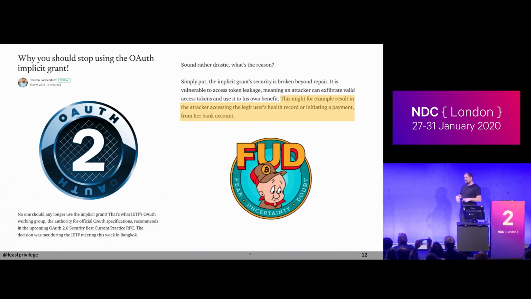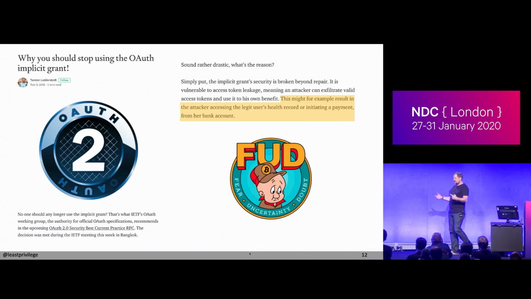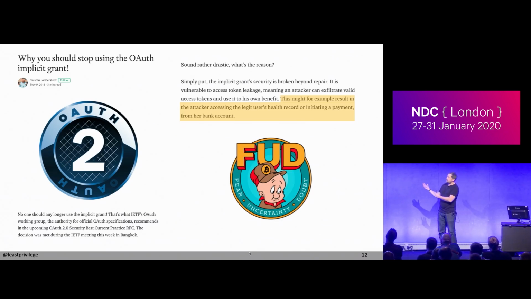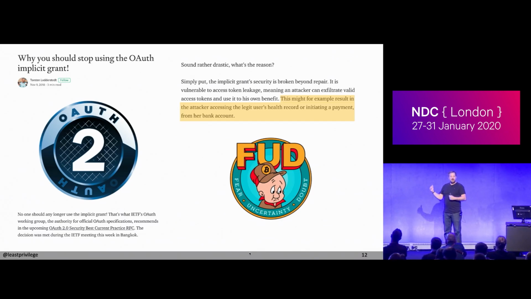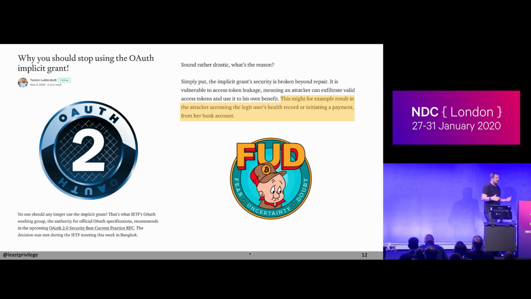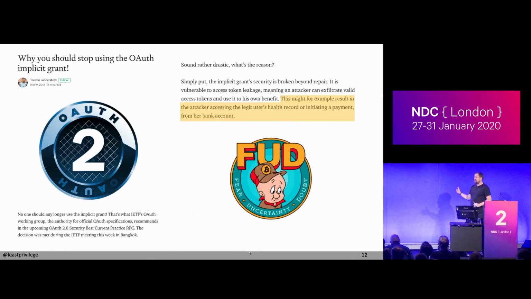I got emails and phone calls from companies and customers saying, hey, have you read this blog post? There's a new vulnerability in OAuth. And last week, you recommended us using the OAuth implicit flow. Are you aware of that? And I had to do a lot of explaining, saying that this is not a new vulnerability.